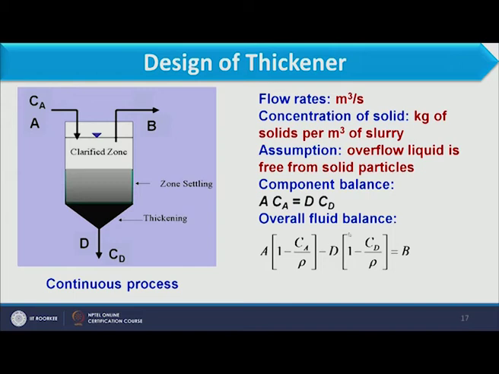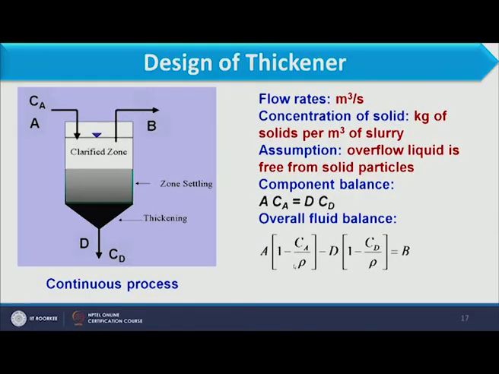Further, the overall fluid balance we have taken as A(1 minus Ca by rho) minus D(1 minus Cd by rho) equal to B. As far as fluid is concerned, B is completely free from the solid. Now what is A(1 minus Ca by rho)? Ca is the concentration of inlet feed, and rho is the density of solid.